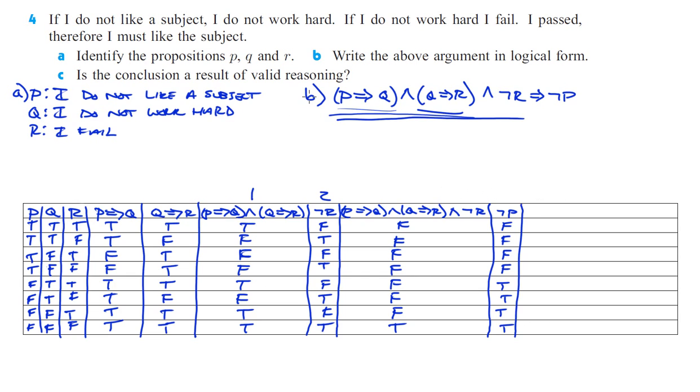So our last part here is to do this entire thing all together, which is P implies Q, and Q implies R, and not R. Does that whole thing imply not P? Okay, so let's see on this one here. So here, this whole thing is our if statement. So that's this here. And then not P is our then statement. Okay, so let's figure out if this works or not.